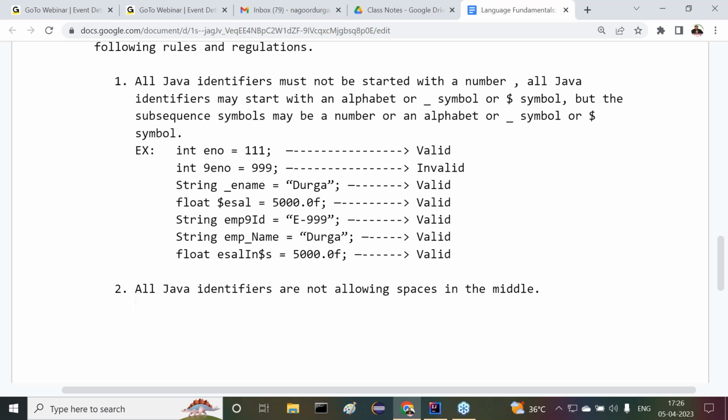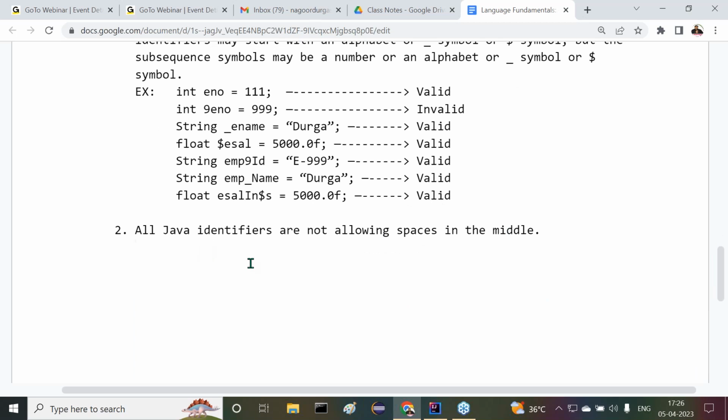One of the commonly made mistakes is this particular one. Why? Because all of us are very much habituated with the English language. In English, everywhere we use some space between words. Am I right or not?